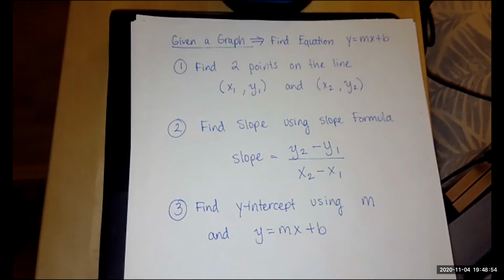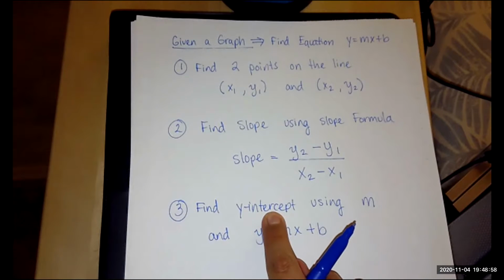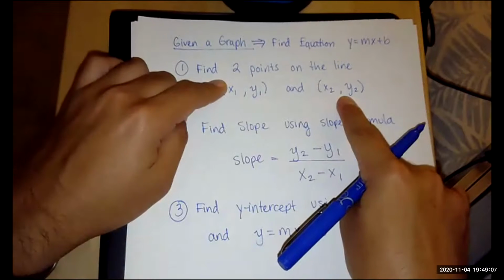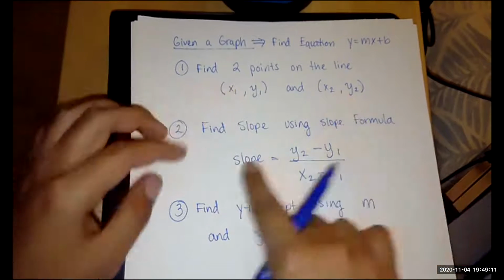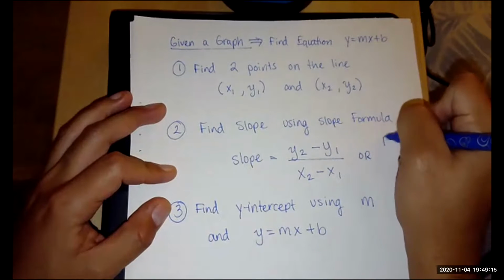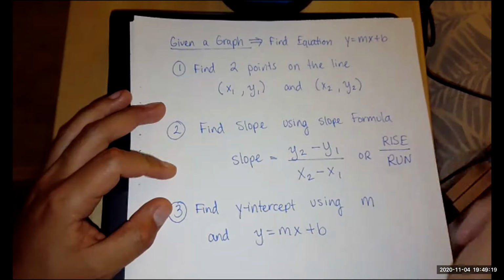So what I recommend is, actually, if we find the 2 points, then we can use those 2 points, and we can either find the slope using the slope formula or by rise over run.